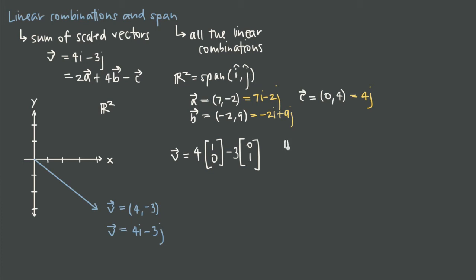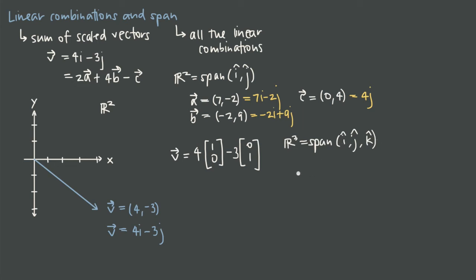In the same way, I know that R3 is spanned by the standard basis vectors i, j, and k. And that's because, like we looked at in the last video, no matter which vector I pick in R3, I can use a linear combination of i, j, and k to represent that vector.